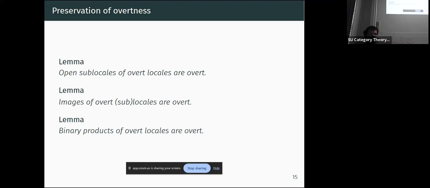You can also prove that images of overt sublocales are overt, and binary products of overt locales are overt. So these are not difficult to prove. But if we go back to this verifiability interpretation, I say that you can existentially quantify over a locale, and now we have an open sublocale.